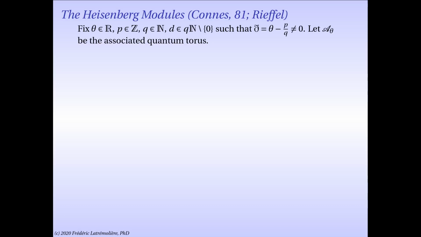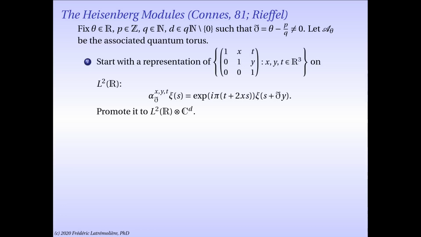We are going to construct a module over the quantum torus A theta, which is known to be projective, finitely generated, and not free. This construction appeared in the work of Connes and was then studied and generalized by Rieffel. We start with the Heisenberg group. All unitary irreducible representations of this group are known up to unitary equivalence, and besides the trivial ones, they are the Schrödinger representations.